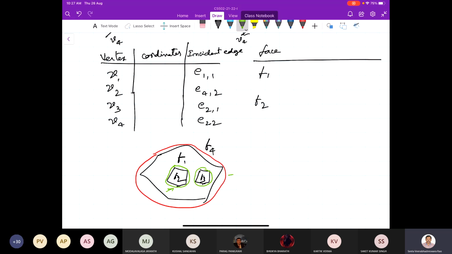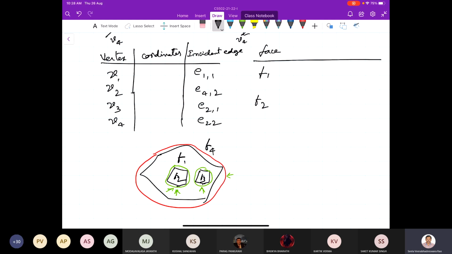And this is the outer component of this face F1. So in this face record, we keep one edge which is incident on the outer component and one edge incident on the inner component, one for each of them. So in this case, the 2 are there. So there will be one edge for each one of them.